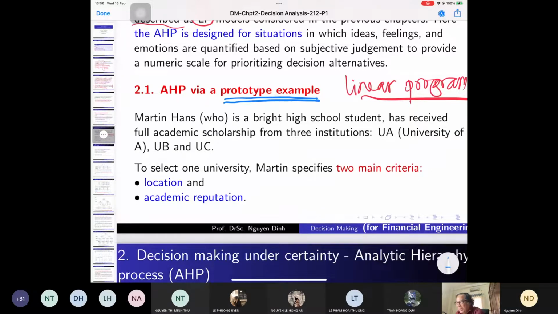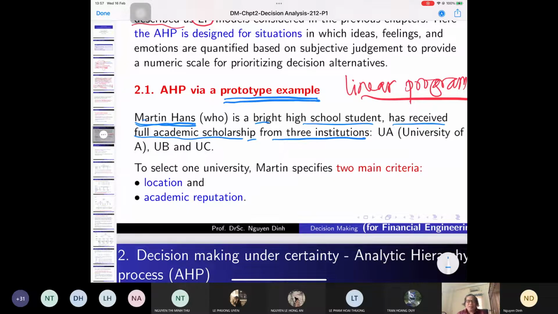The situation is that Martin Hans is a student, just graduated from high school, who is a bright high school student, and he has received a full academic scholarship from three universities: University A, University B, University C. You see, UA, UB, UC.